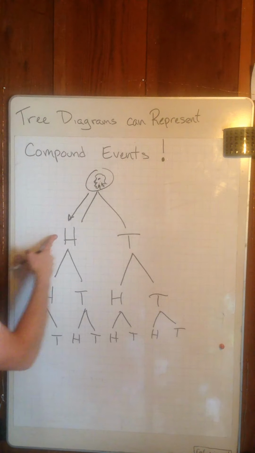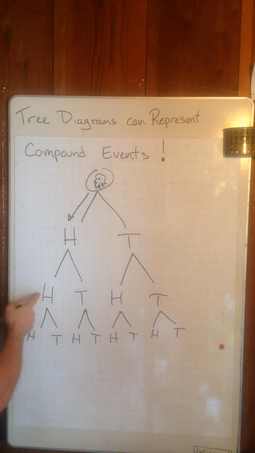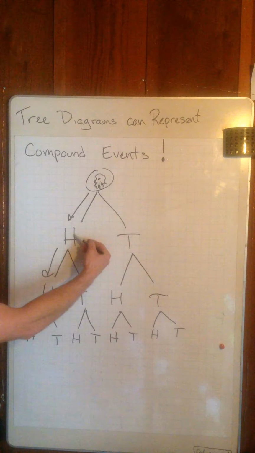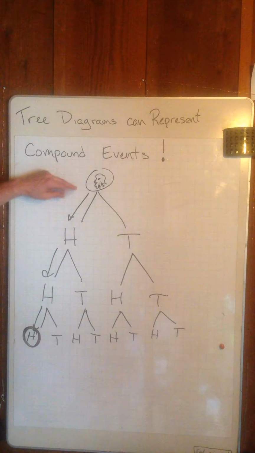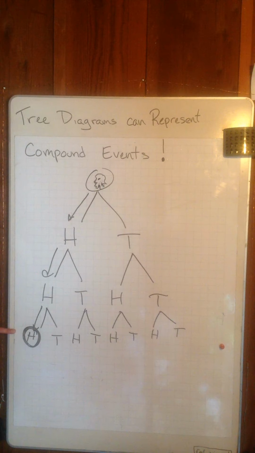So that's the heads for this flip. Next flip, this is the only one that can go from heads to heads. And then same thing here, this is the only one that can go from heads to heads to heads. And so this is my only outcome that fulfills that requirement of 3 flips in a row, 1, 2, 3, where each one was heads.